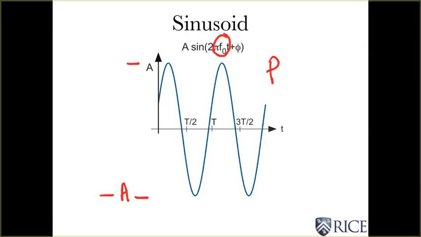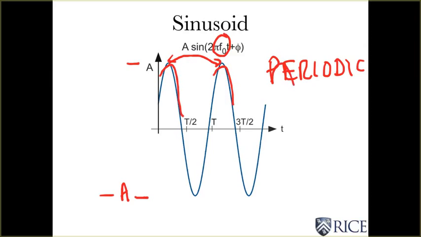This is a periodic signal, which means it repeats. It's certainly clear that if you hop over to the next peak, you're going to get the same signal back again. Whatever occurred here is going to reoccur here, and here, etc.